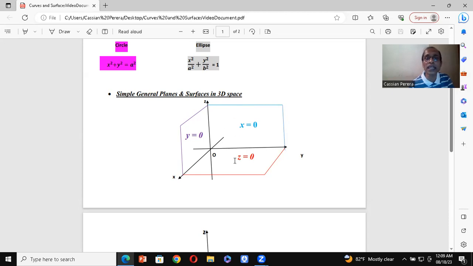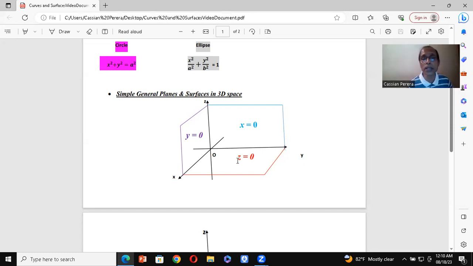Likewise we can mark some planes. x equals 0 means the yz plane. y equals 0 means the xz plane, and z equals 0 means the xy plane.